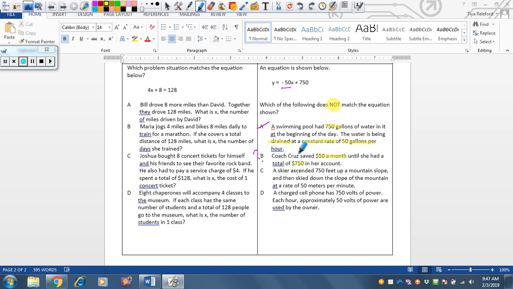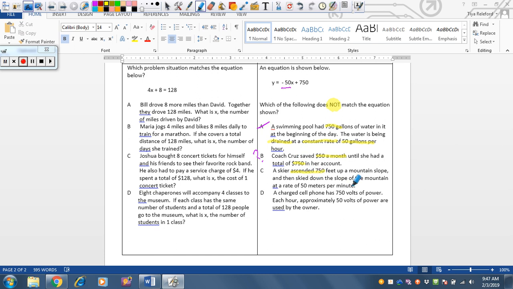C says a skier ascended 750 feet. Ascended means he went up, right? That's a positive. If you look at our word wall, ascend is going up the slide. So that's a positive 750.